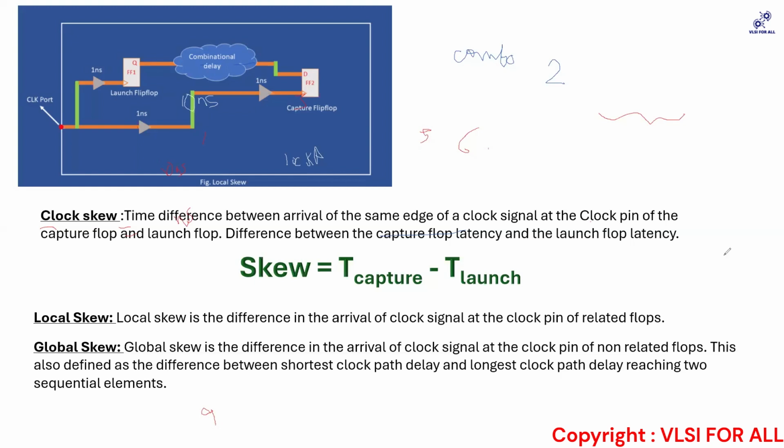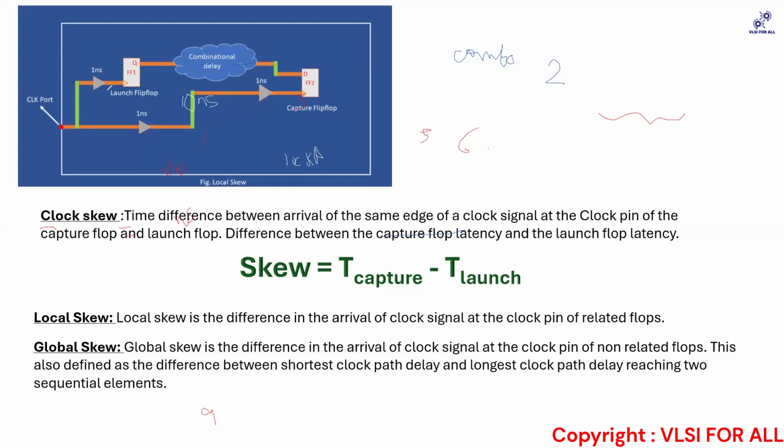Yes, ma'am. Okay, Teja, can you help me calculate the skew for this diagram which I am explaining? Skew will be 1 nanosecond. How did you calculate it? Explain to me.